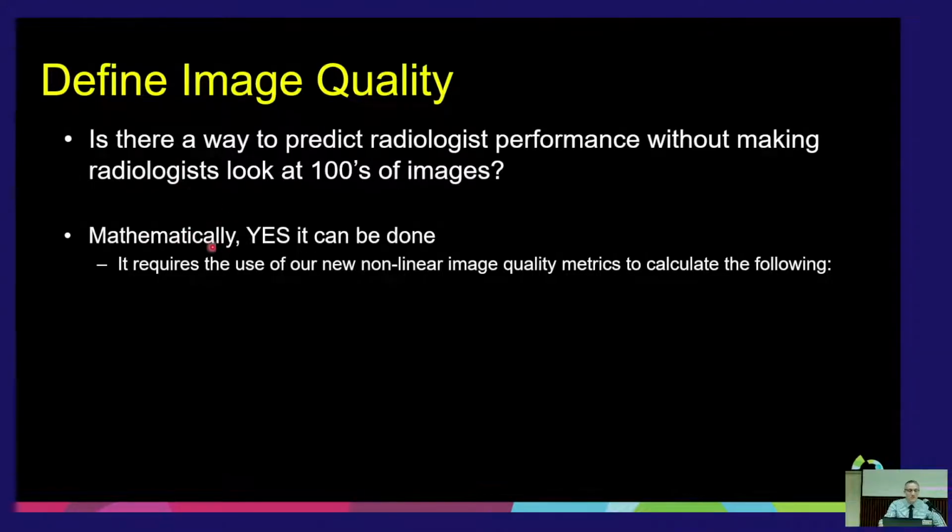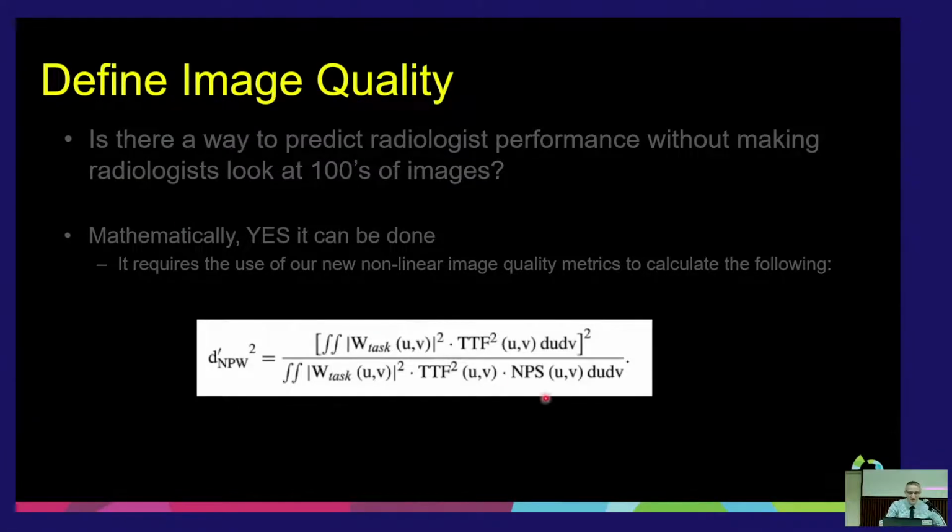So can we do something mathematically that mimics the way a radiologist looks at an image but doesn't use a radiologist? And so that enters this beautiful equation. We love math, don't we? Equations are beautiful. And if you notice, look at this equation. There's some things in here we recognize: TTF, noise power spectrum.